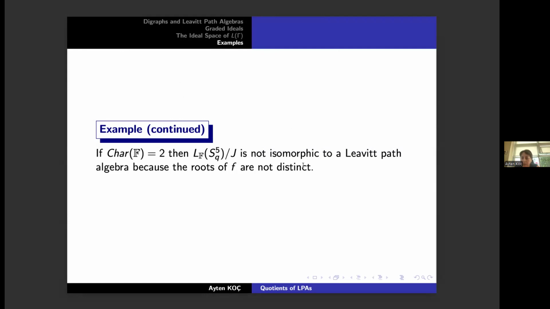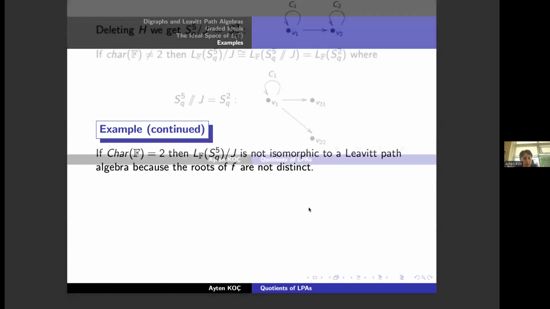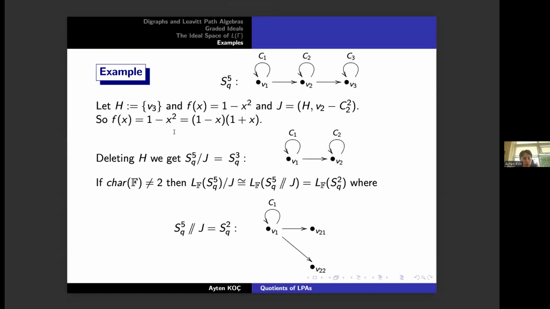Suppose you not only divide by, so in this case I think it was x squared minus 1, right? Yeah, 1 minus x squared. Okay, so this is in characteristic 2, this is 1 minus x squared. Now in the quotient you get that 1 minus x is nilpotent of index 2. Now suppose you further divide by 1 minus x, so you get x equal to 1.